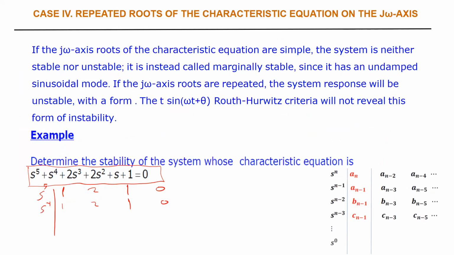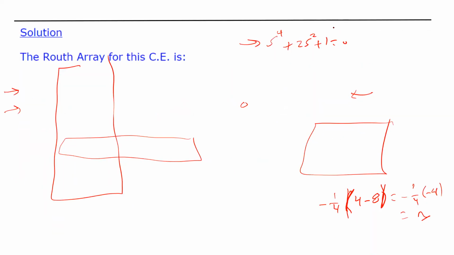So basically, this equation will give me the location of 4 poles. And if I divide the characteristic equation by this one, I will get the 5th one.